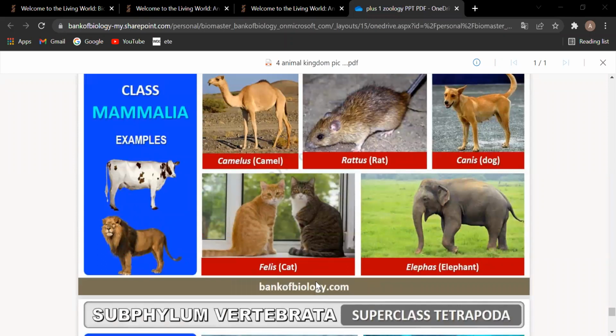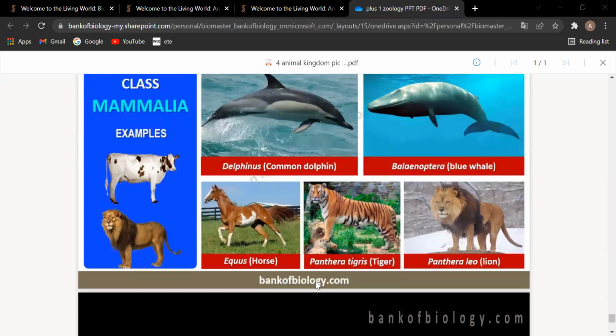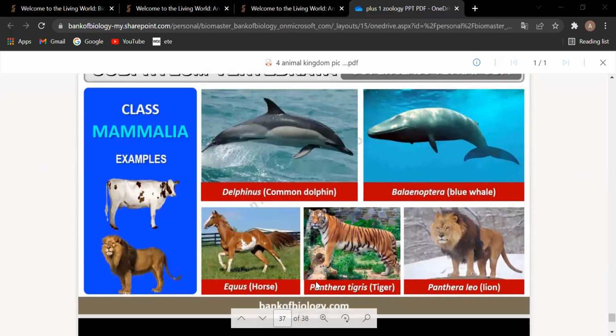So we know the general names, but these are all scientific names, remember these also. Okay? Delphinus, dolphin. Balaenoptera, blue whale. Equus, horse. Panthera tigris is tiger. Panthera leo is lion. That's it with your chapter of Kingdom Animalia. Correct? So, of course, the ones which are tetrapods are very simple to remember and understand. But yes, you need to remember the scientific names. Please don't forget the scientific names.